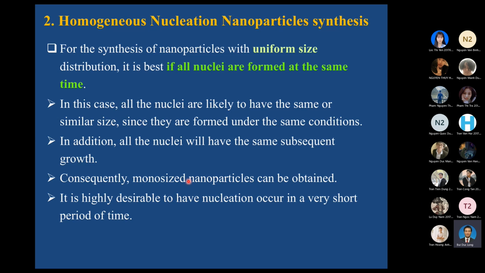Monodisperse means almost all the particles have the same size, and it is highly desirable to have nucleation occur in a very short period of time. If it happens in a very short period of time, there is no more additional formation of nuclei.